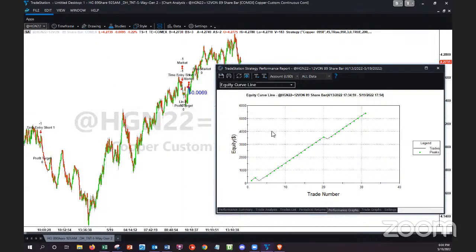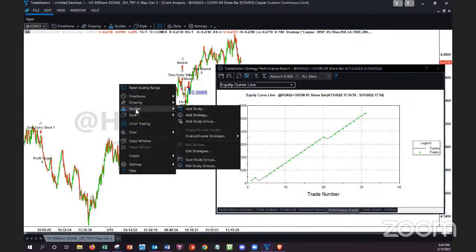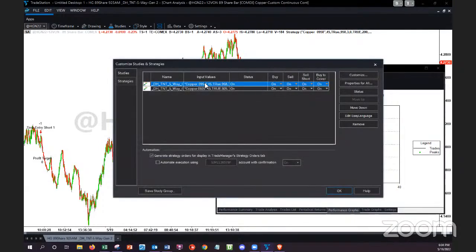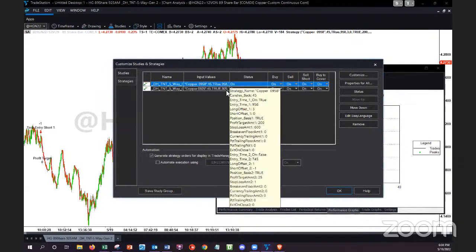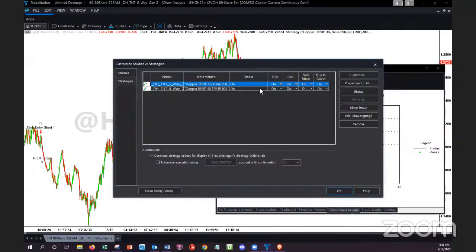when we go in and look at this, we're going to turn one of the studies off initially. This one enters at 9:58. This one enters at 9:25.